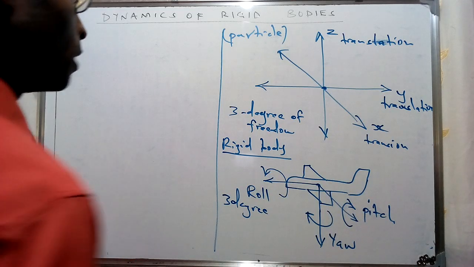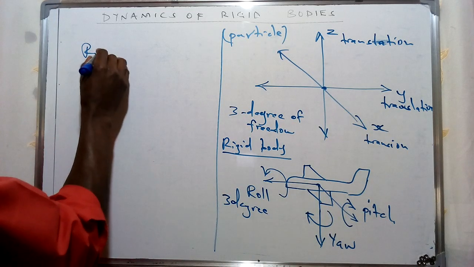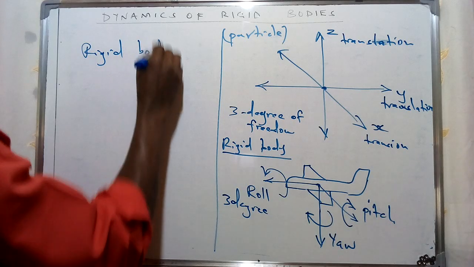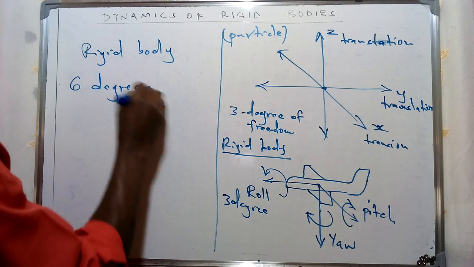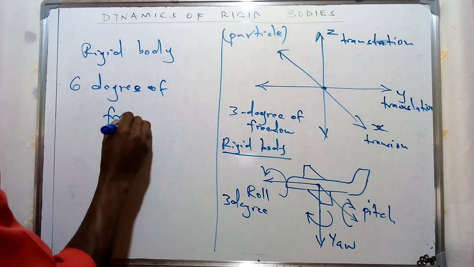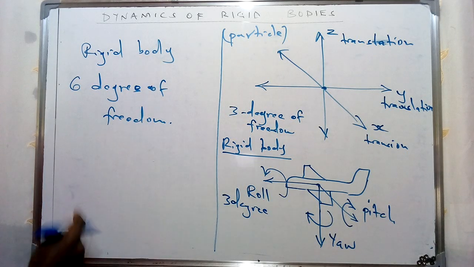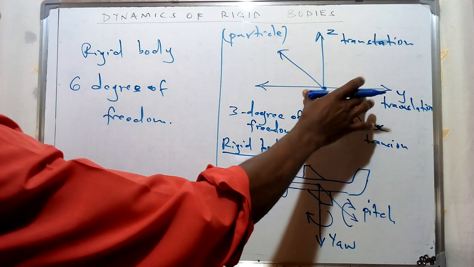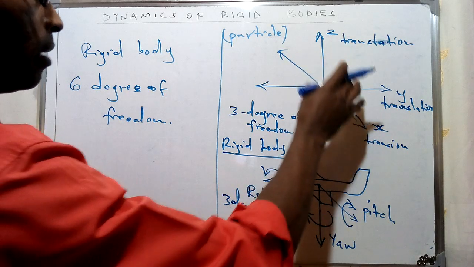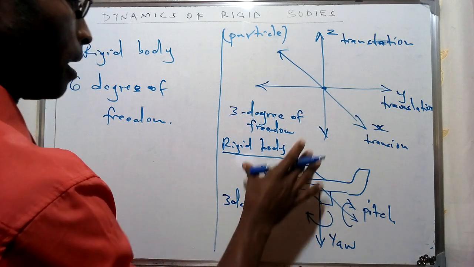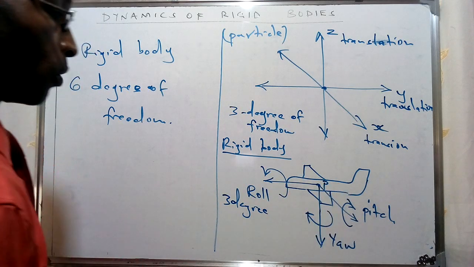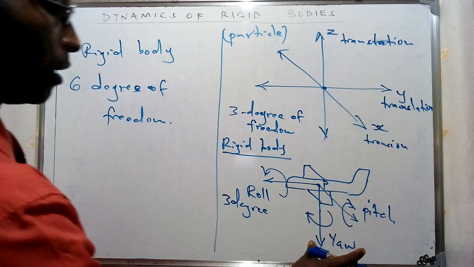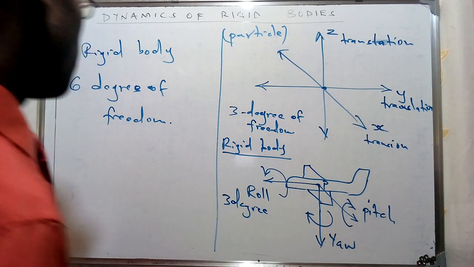So we are going to consider a rigid body to have 6 degrees of freedom: the translational motion along the 3-dimensional Cartesian coordinate system, and the 3 experienced about a single point, which constitute the roll, yaw, and pitch axes.